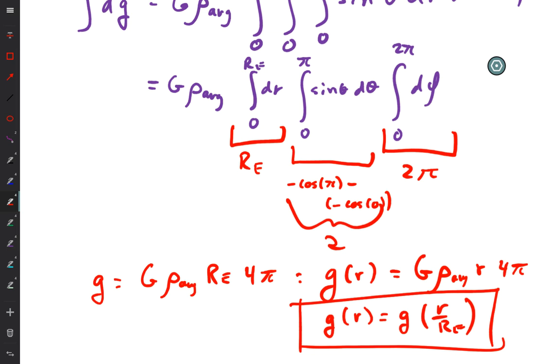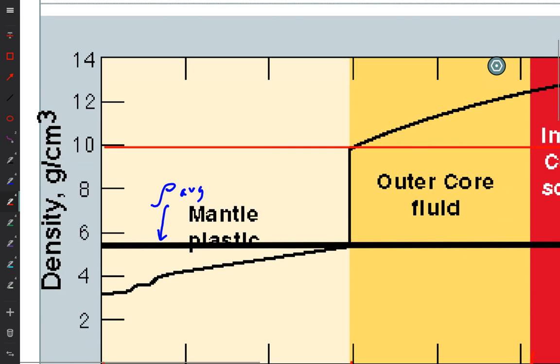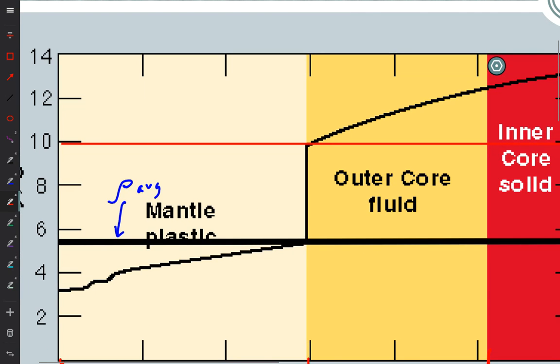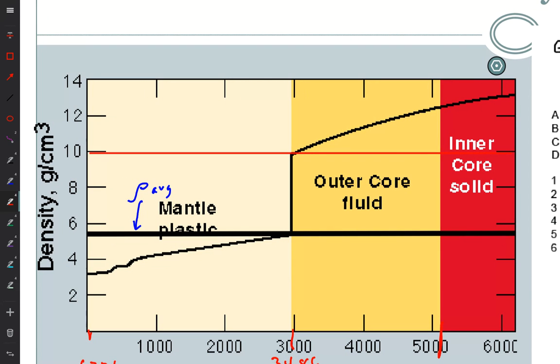Okay, so the acceleration of gravity just linearly decreases until it gets to 0 at the center, and then it linearly increases as you go to the other side. But this is naive. What's naive about it? Yeah, the density is really changing. If we go back and look at our picture, we see that the average density is pretty much the density that you have at the boundary between the molten core and the mantle.